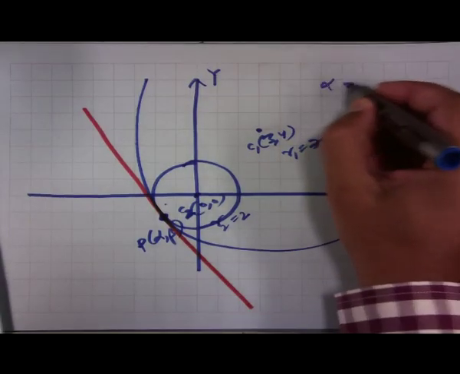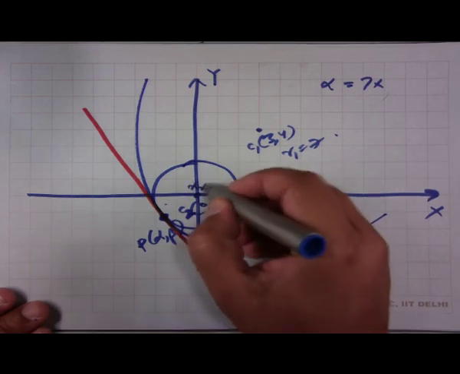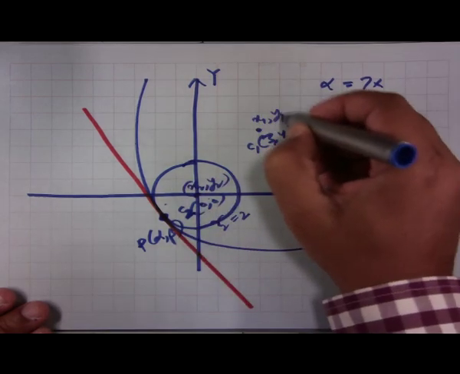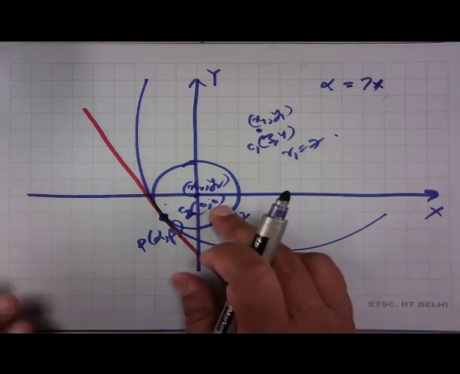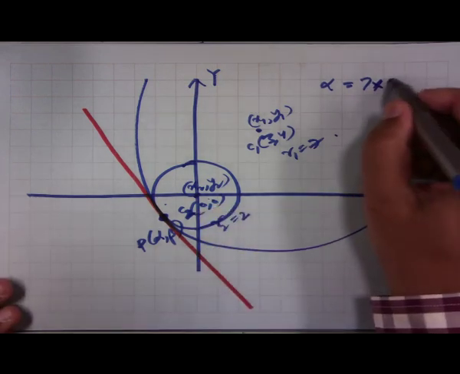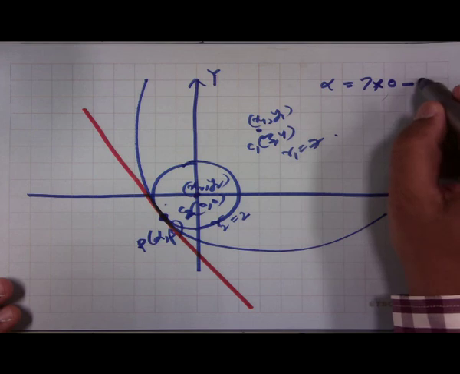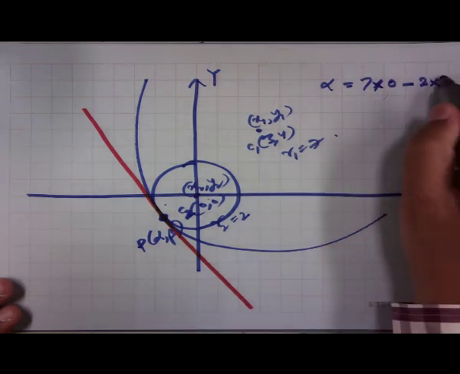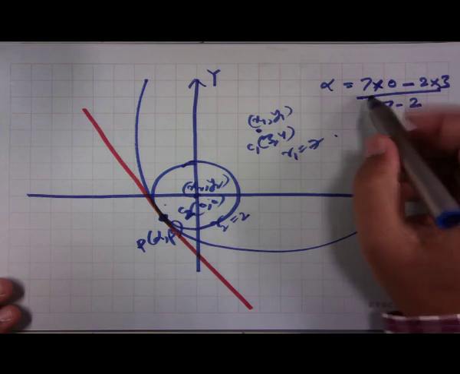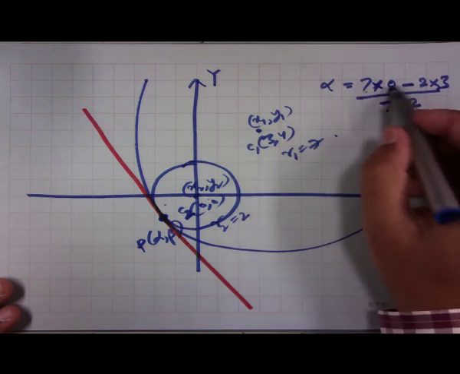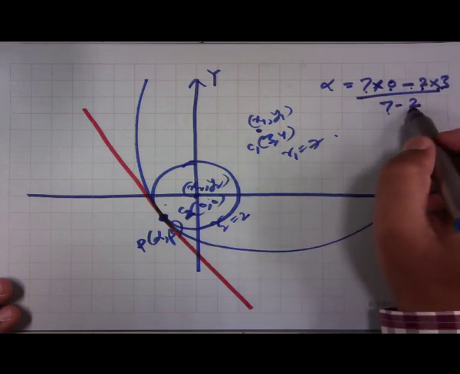Using that, we get alpha equal to (R1 times x2 minus R2 times x1) by (R1 minus R2).